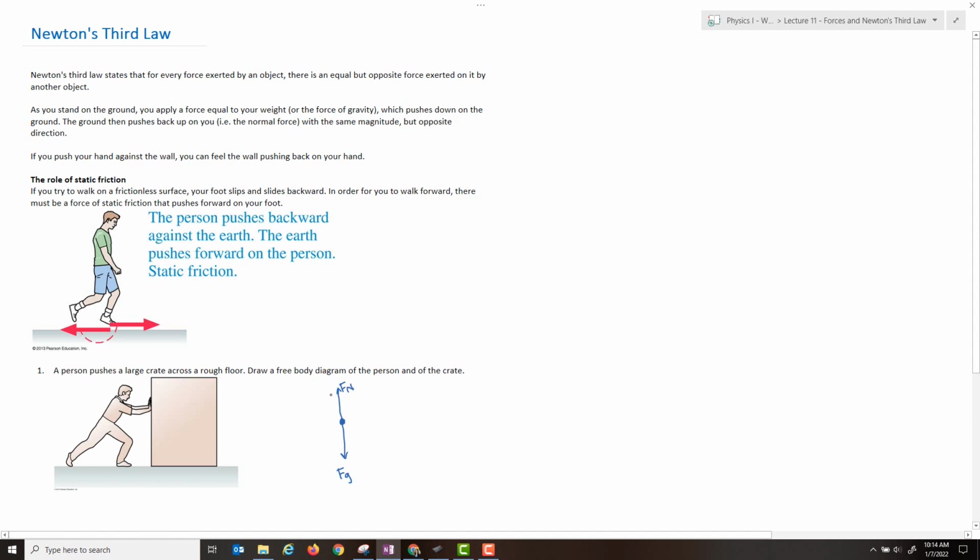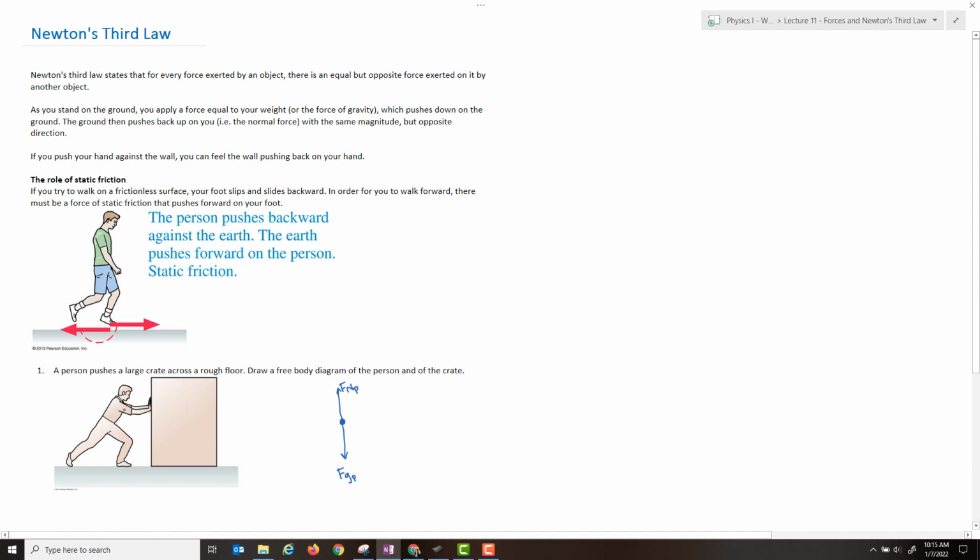Okay, so now we're drawing a free body diagram of the person and of the crate separately. Okay, so we're doing the force of gravity. I'm going to say force of gravity of the person and the normal force of the person. Okay, so what's happening here? The person is pushing against the crate. Now, the person doesn't feel the force of the person pushing on the crate, because that's the force that the crate would feel.